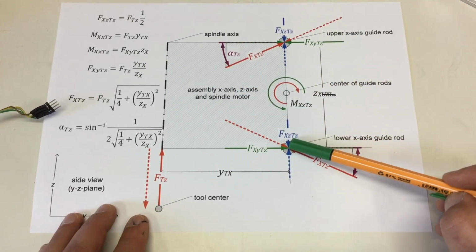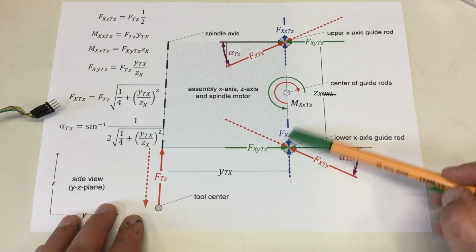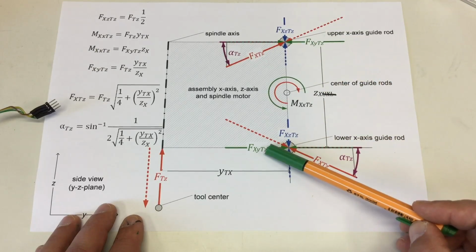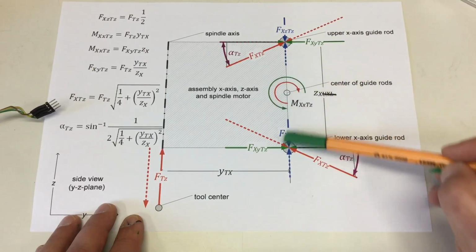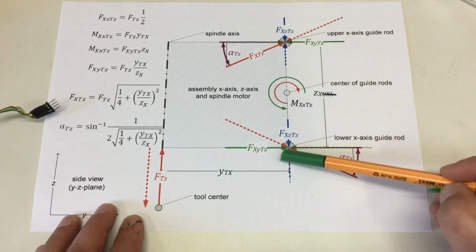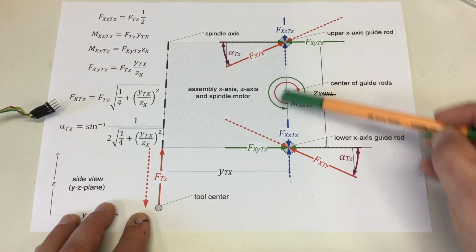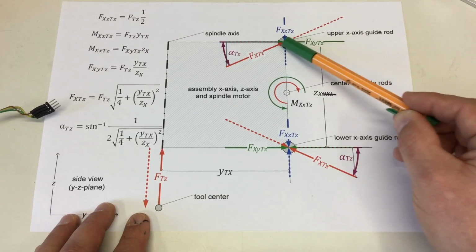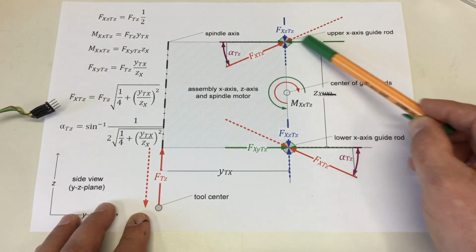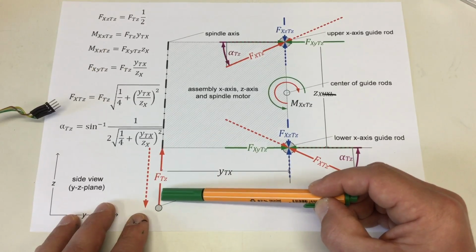So already here we can learn a little bit of something, but it's really trivial. These forces will get smaller when you increase the distance between upper and lower bearing, which is intuitive because our lever will get longer, so the bearings don't have to press that hard to counter the momentum caused by the force on our tool.